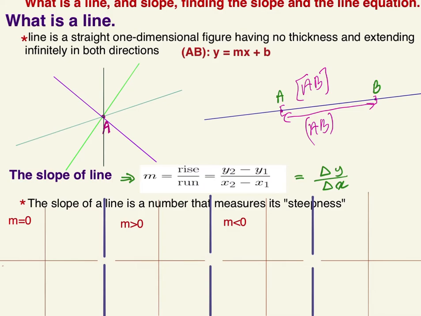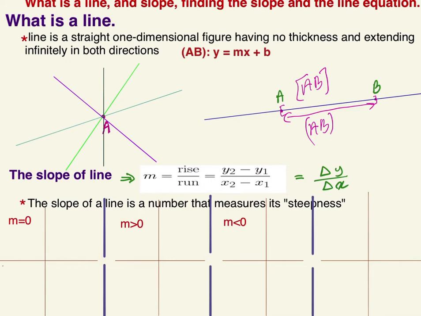We always give the letter m to define the slope, and m is equal to rise over run, defined by y2 minus y1 over x2 minus x1, which is equal to delta y over delta x.